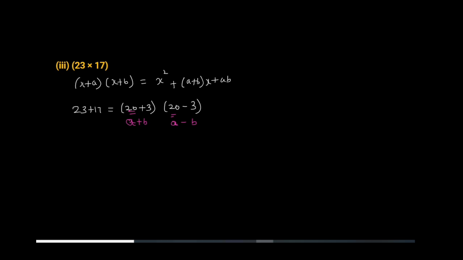You know that this is in the form of (a + b)(a - b), which is nothing but a squared minus b squared. Here our a is 20, our b is 3. So our answer is a squared minus b squared.